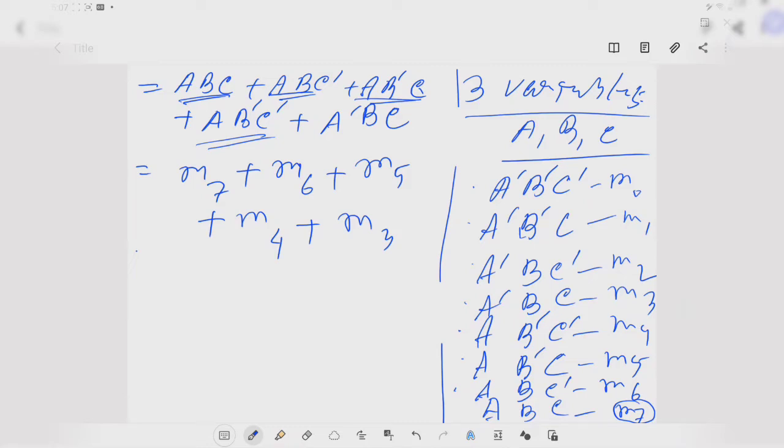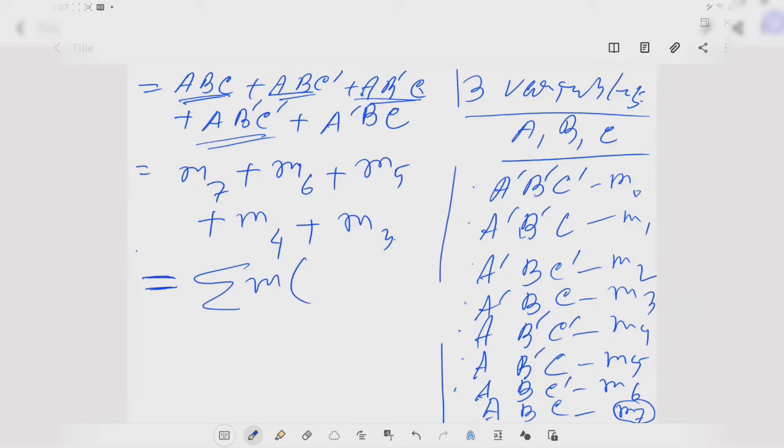So we actually got M7 plus M6 plus M5 plus M4 plus M3. So this is also expressed as sum of M.